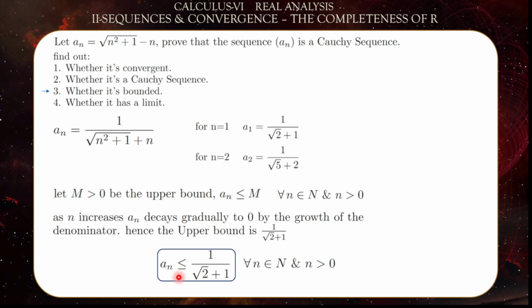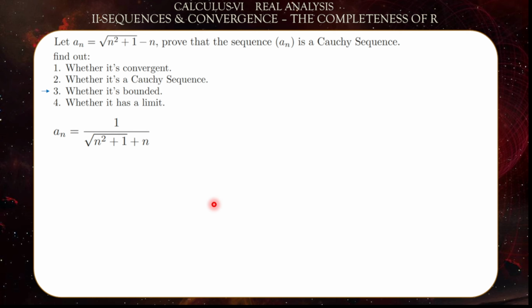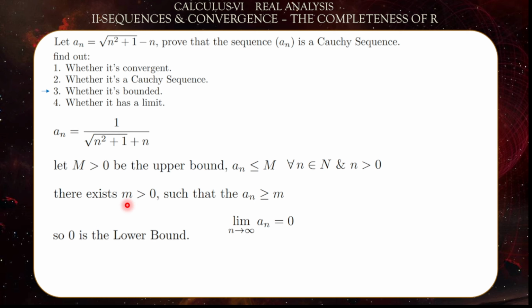So a_n is less than or equal to 1 over (square root of 2 plus 1) for all values of n within N. Let's check the lower bound. There exists m greater than 0 such that a_n is greater than or equal to lowercase m for all values of n. Now the limit of a_n as n approaches infinity is equal to 0.